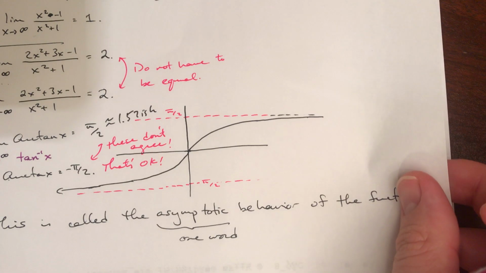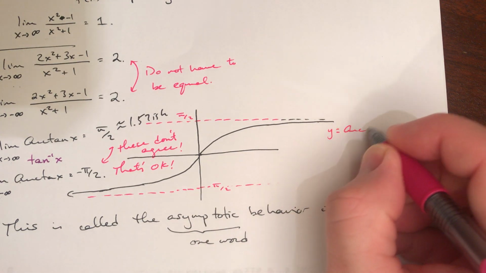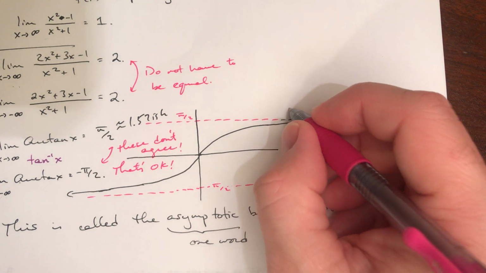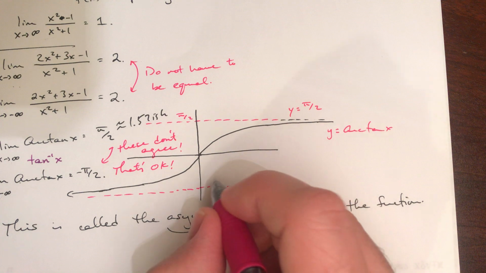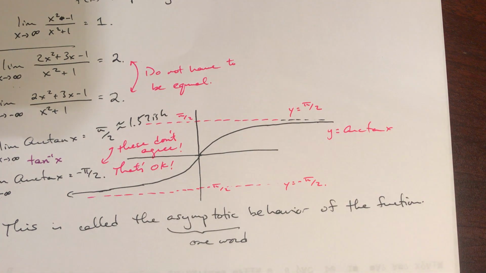If we look at the graph of arctangent of x, and I have that around here somewhere from last time, the graph has a horizontal asymptote at y equals pi over 2, and another one at y equals minus pi over 2.